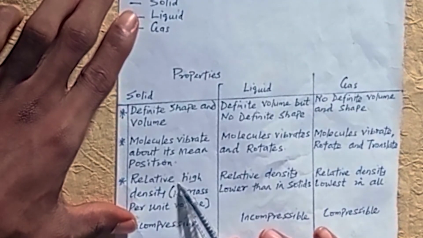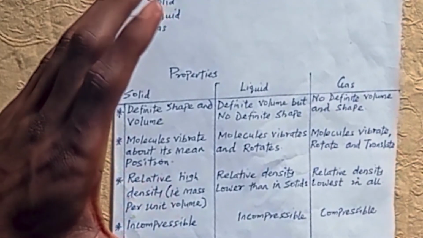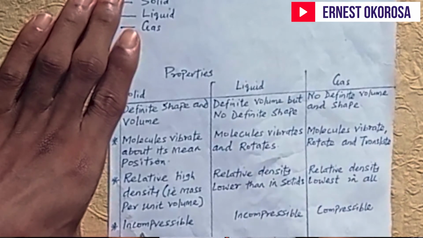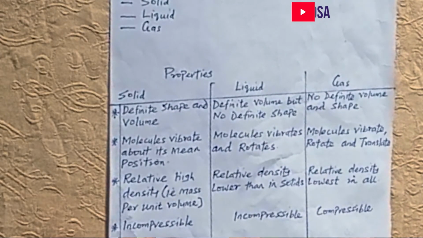That is what we call the vibratory motion. Then we have relatively high density. The density of a solid is relatively high, that is to say that the mass per unit volume of a solid is relatively high. And then we say a solid is incompressible. These are the properties that make a solid.